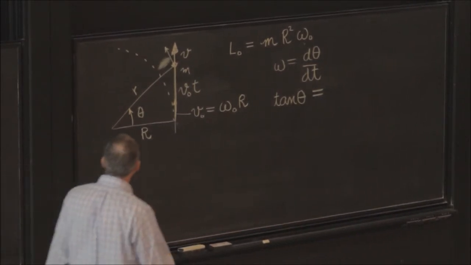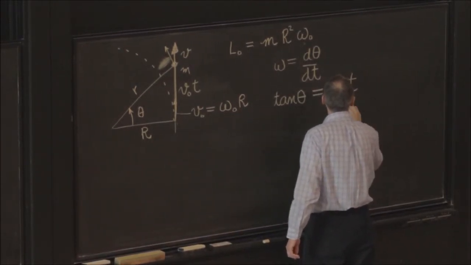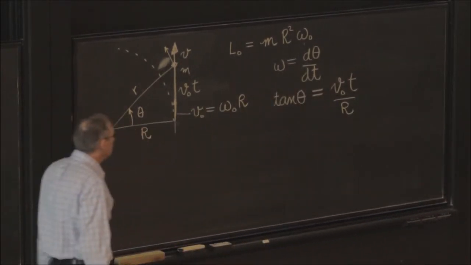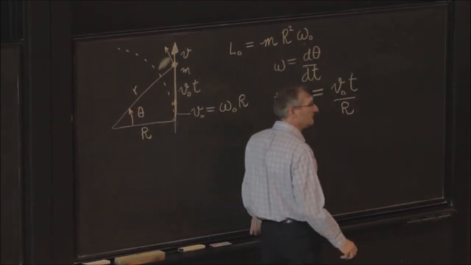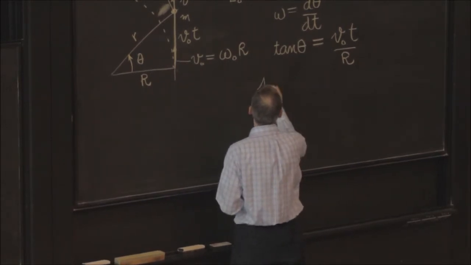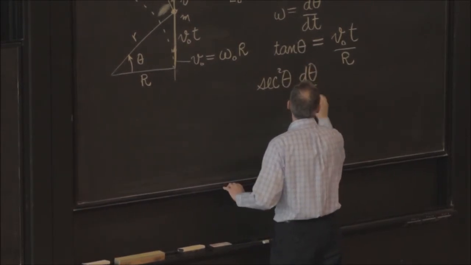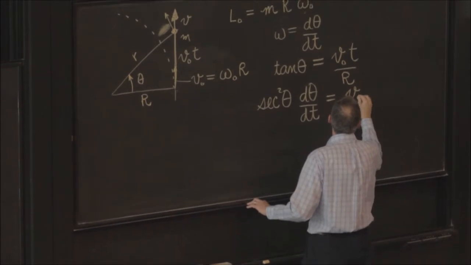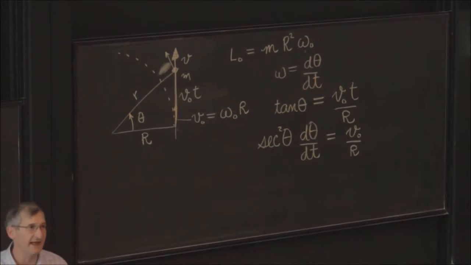V naught t over r. So let me differentiate both sides with respect to t. What's the derivative of tangent? Secant squared, but I have to use the chain rule, right? So this is secant squared theta times d theta dt is equal to v naught over r. Do you agree with that?